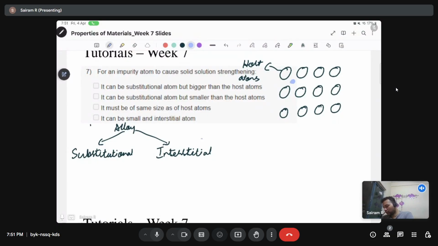So this blue dot that we have kept in between is a representation of the interstitial alloying element. Okay. Now the host, the substitutional atom will sit somewhere over here.